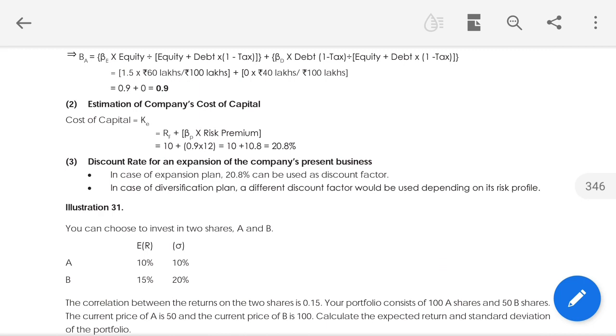In case there is any difference, such as a diversification plan, this cost of capital rate may increase or decrease. That is why in point 2 we can see, in case of a diversification plan, a different discount factor would be used depending on its risk profile.